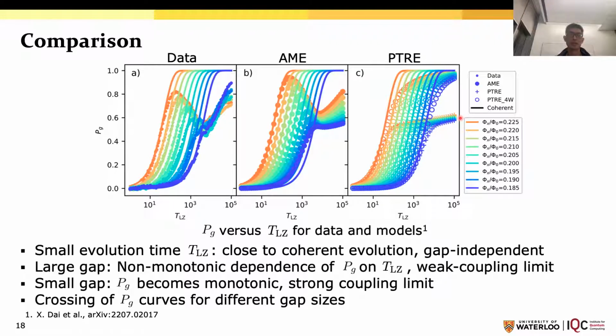By numerical exploration we found that this is because the environment reorganization energy is too small, and the left and right transitions are not well separated enough to match the data. So 4W is just a number we used to have the results look similar to our data.